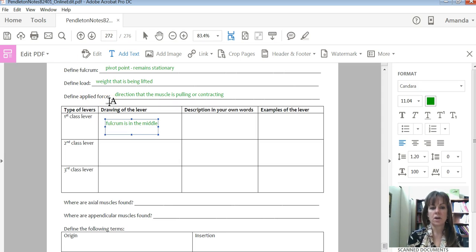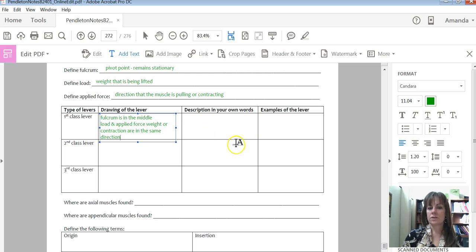You might also note in your drawing that load and applied force, that weight or that contraction, are in the same direction. So that's a couple of things to notice as you're making your drawing.